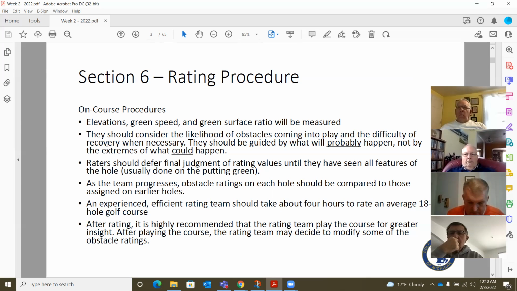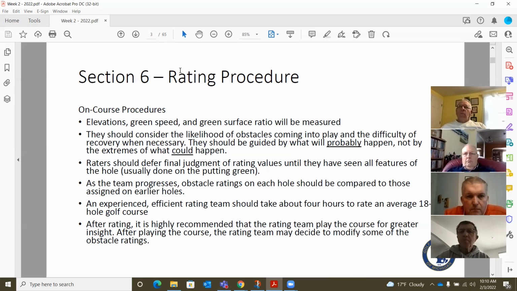All right, so I'm going to read a couple of things here that are important when we're looking through things. It says here that they should consider the likelihood of obstacles coming into play and the difficulty of recovery when necessary. And they should be guided by what will probably happen, not by the extremes of what could happen.